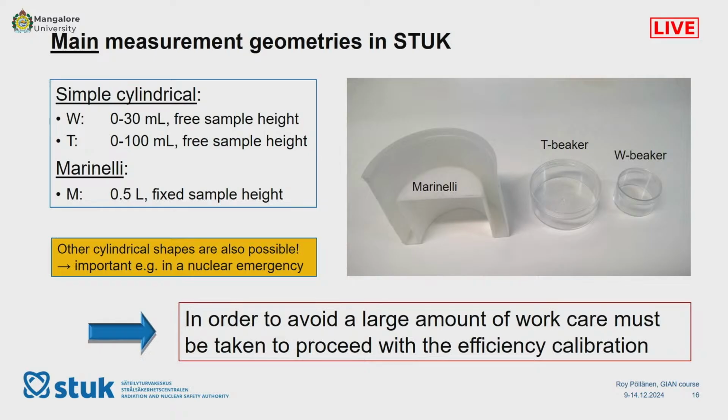These are the basic geometries we are using, so-called T beaker or Williams beaker. These are the volumes we can put into these beakers. So the problem is that in every case, in every type of sample, every amount of the sample, we have to determine a new efficiency calibration.